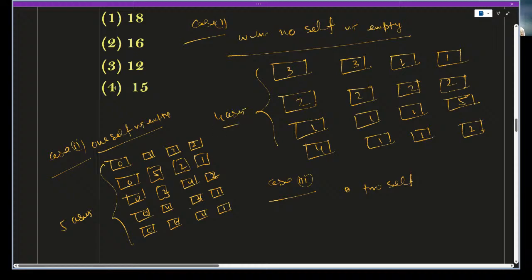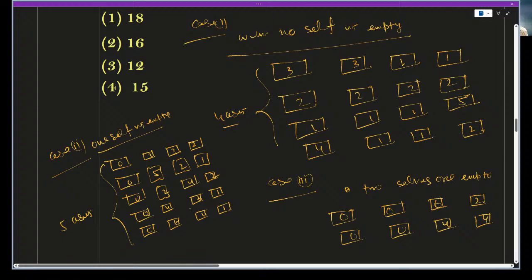Then 0 0 6 2, 0 0 4 4, 0 0 7 1. Is there any other possibility?